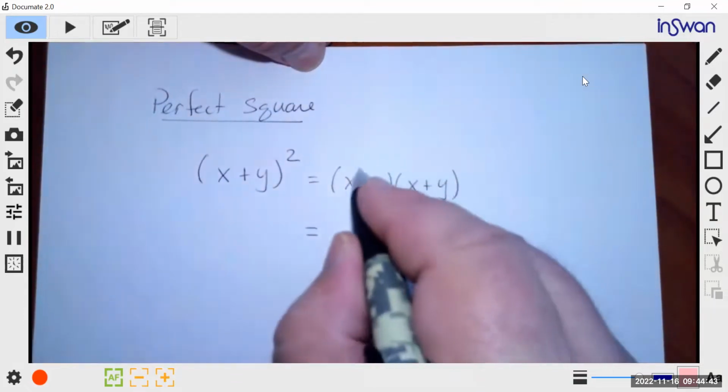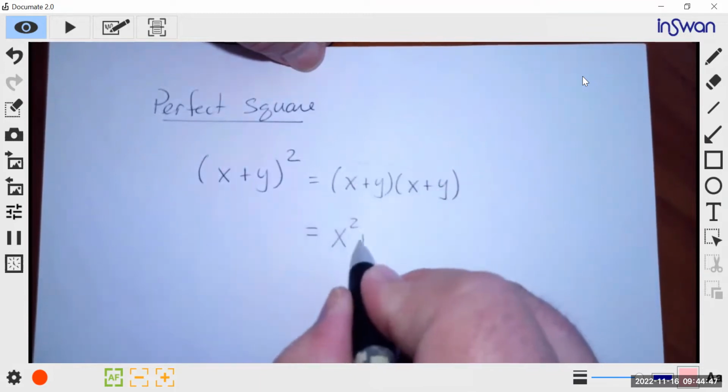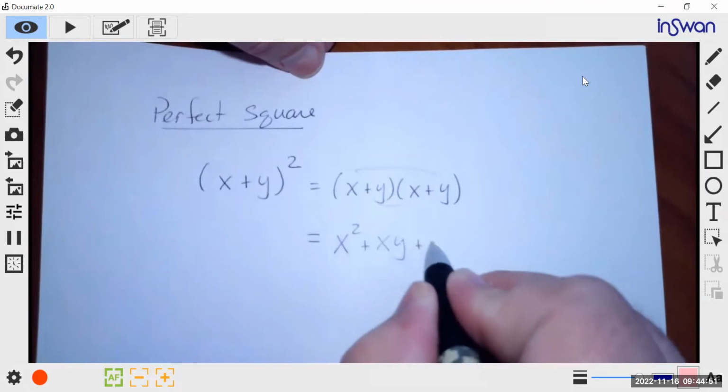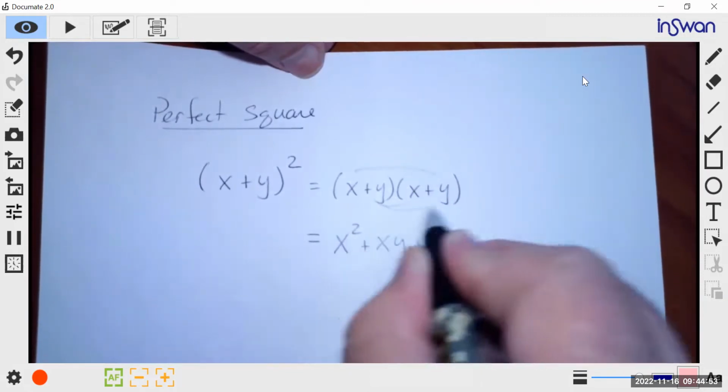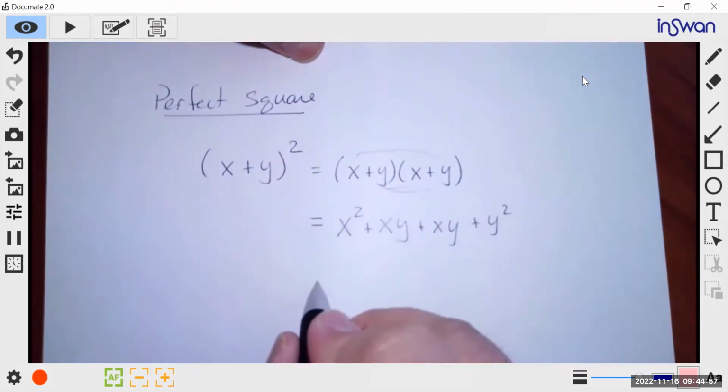If we multiply these 2 together, we get x squared plus xy plus xy plus y squared.